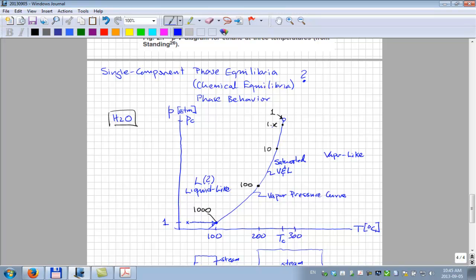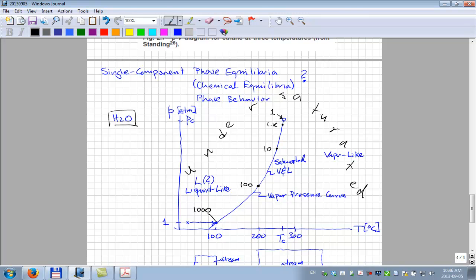And everywhere outside that line, we actually have a system from the lower left. I should probably draw it like this. Undersaturated. Question mark.